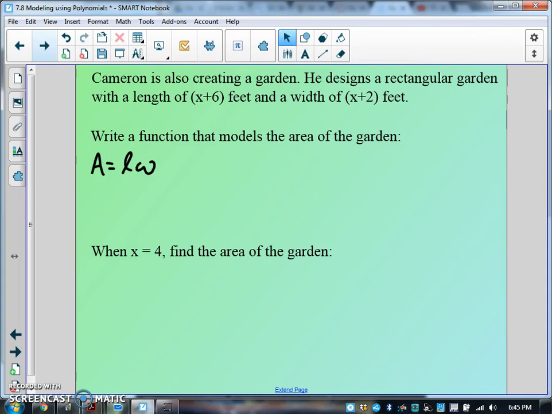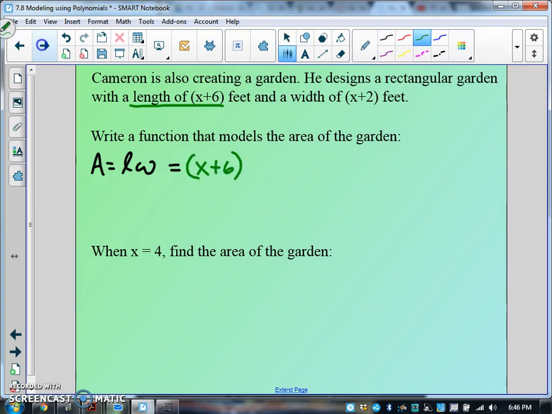In this case, our length, I should say, is x plus 6 feet. So now I can say that my area is x plus 6 for my length. And my width, I see, is x plus 2. So therefore, my area is equal to the product of x plus 6 times x plus 2.